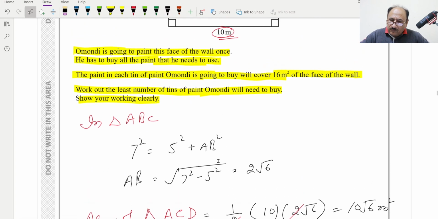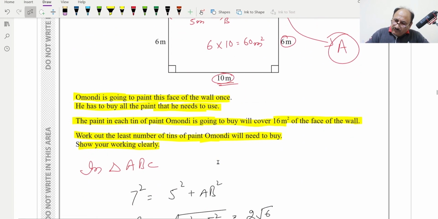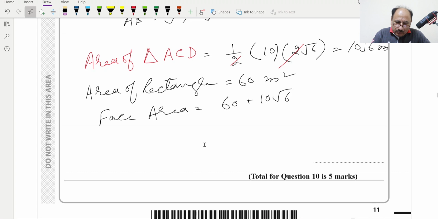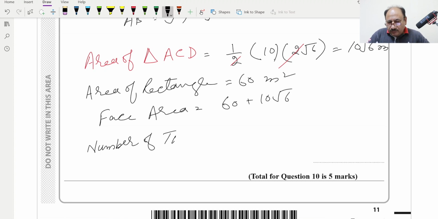Now 1 tin is covering 16 meter square. So the number of tins we can calculate. Number of tins will be equal to the area, which is this one, divided by 16, which is the area covered by 1 tin.